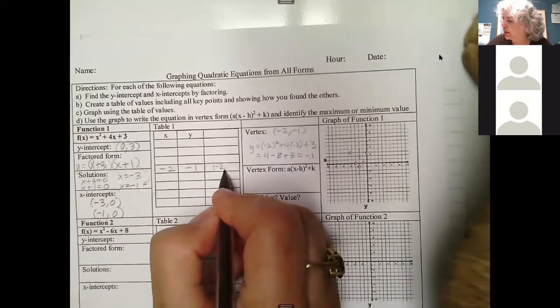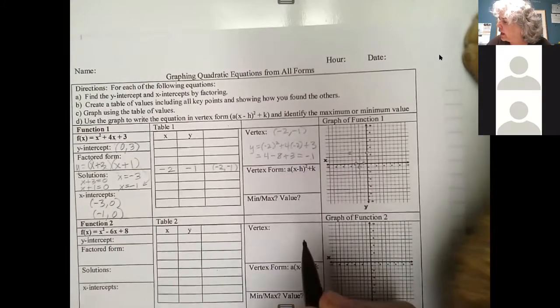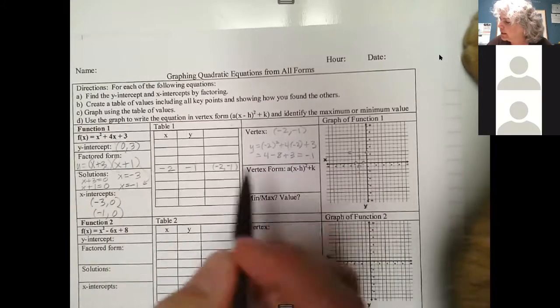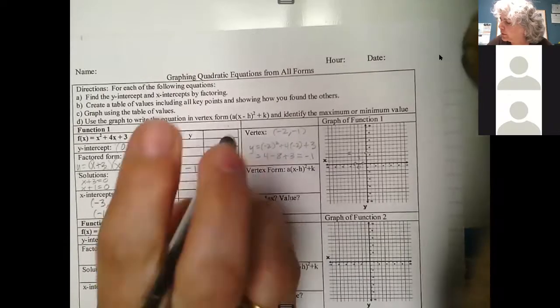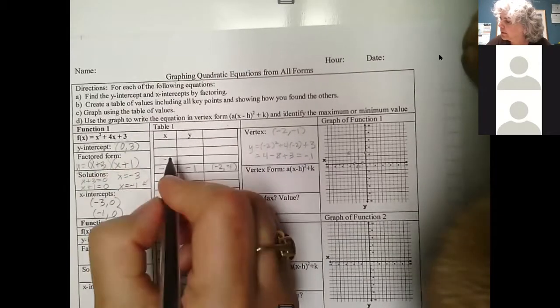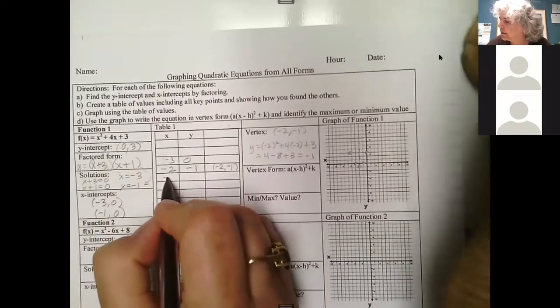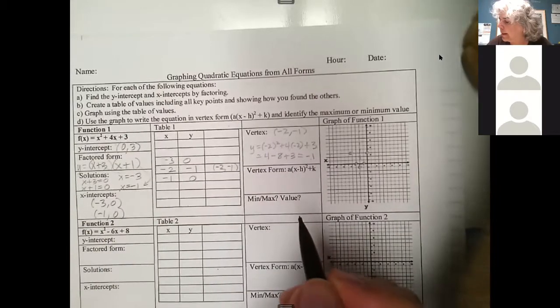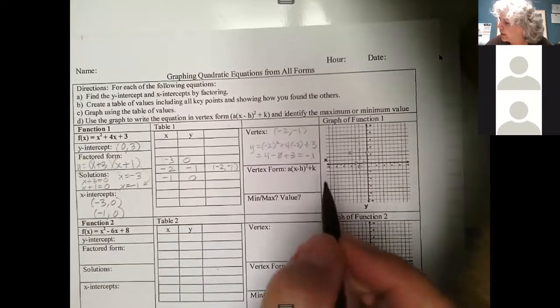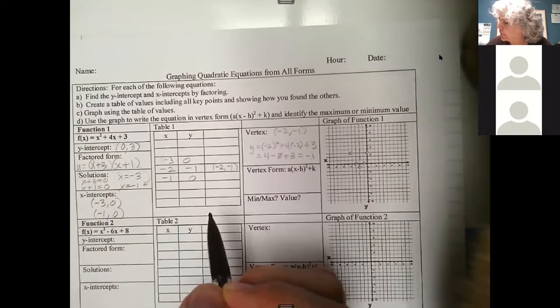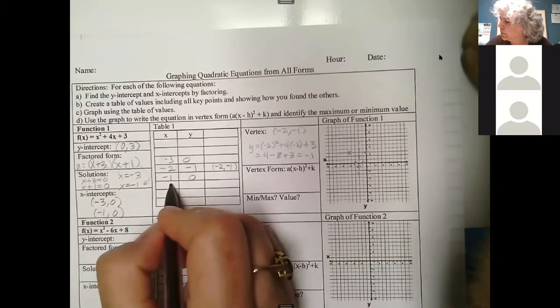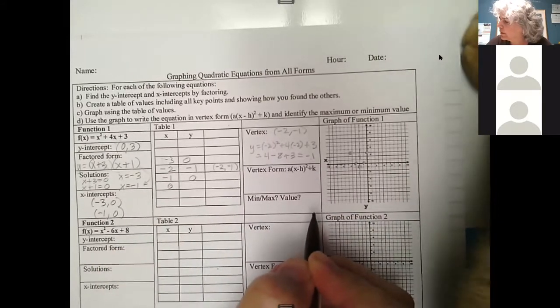And so this is just writing it as a point. The point that's to the left of that is (-3, 0). The point that's to the right is (-1, 0). Those are my x-intercepts. Then I've got another point over here, 0. What did we determine that was?